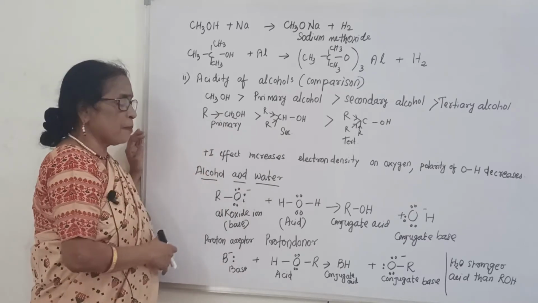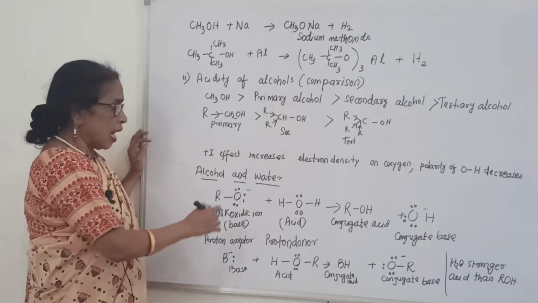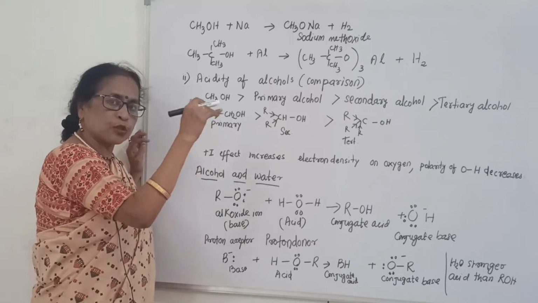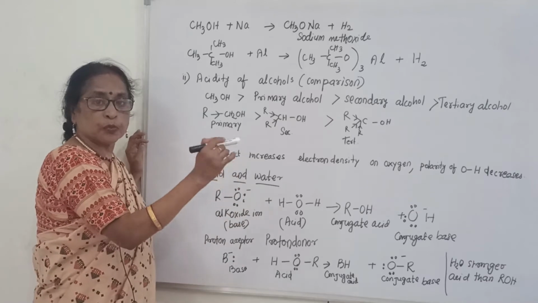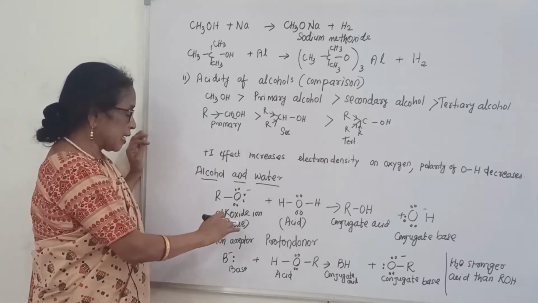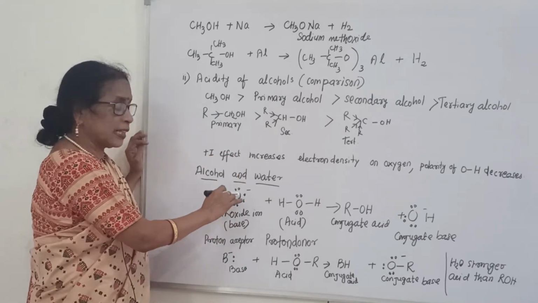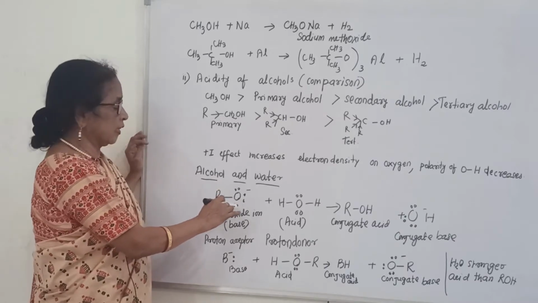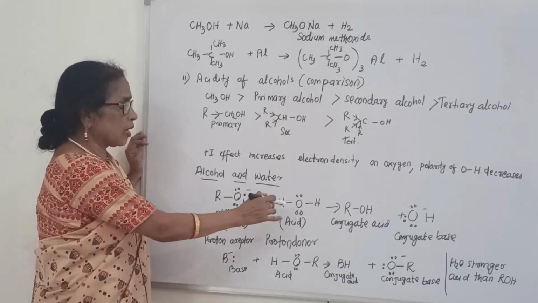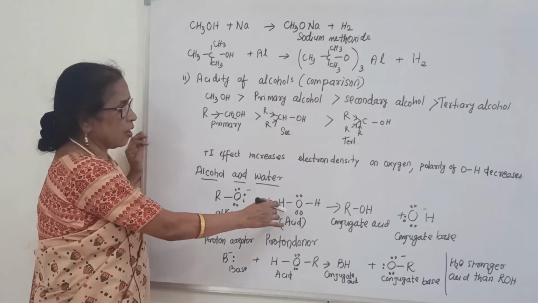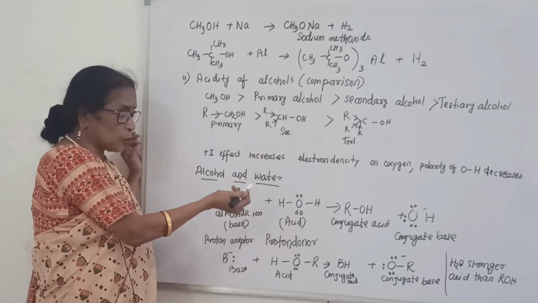And how can you compare alcohol and water as proton donors? Alcohol is a proton donor and water is also a proton donor. Now this is the alkoxide ion, where oxygen has 3 lone pairs with a negative sign, and water has 2 pairs of electrons. Which one is the proton donor?